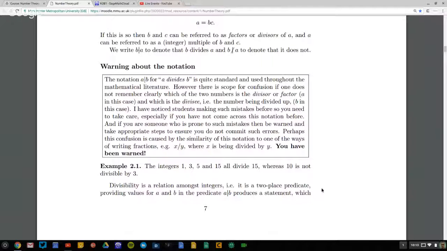The beauty of the straight line notation is it's nice and compact. It only takes a second to write it. It's really quick. But of course, the disadvantage is it's not a very meaningful notation. It's not saying much. And especially since it almost looks like a fraction sign, and we're used to writing 2 over 10 like that.